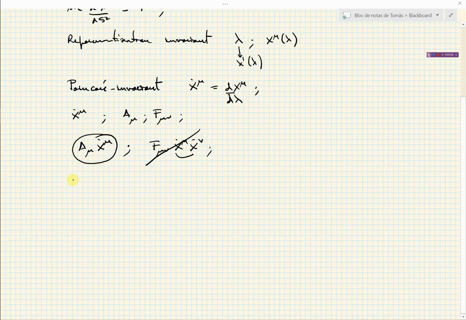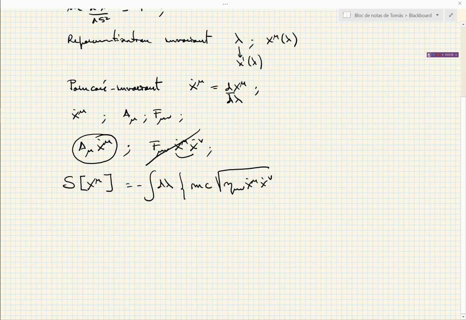If this is the term that we need, then the action will be described like this: a term m c square root of eta mu nu x dot mu x dot nu.